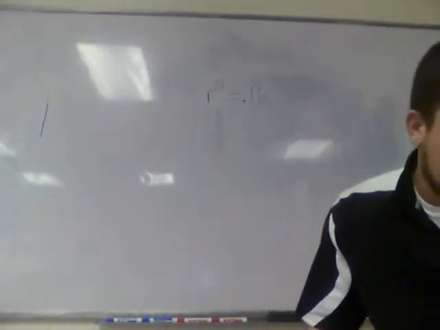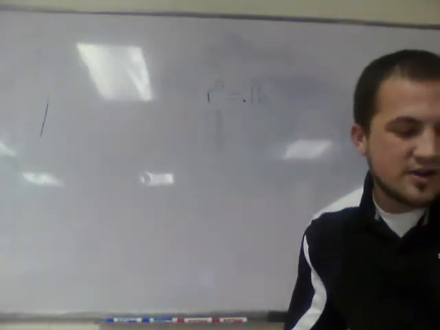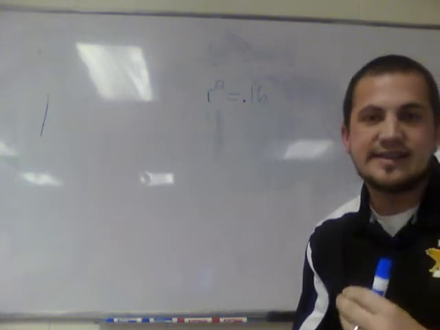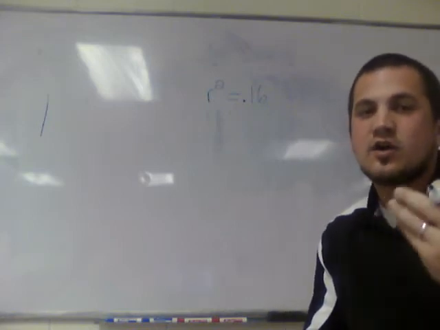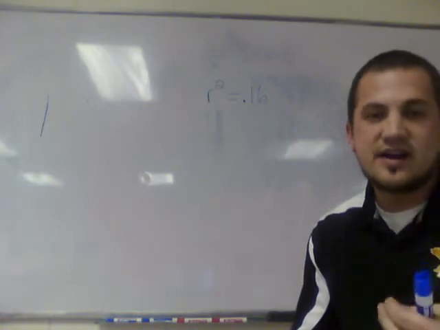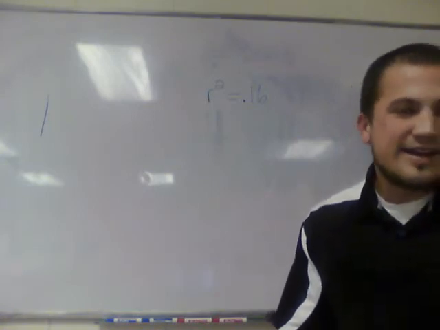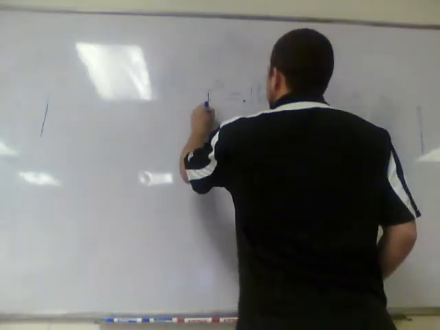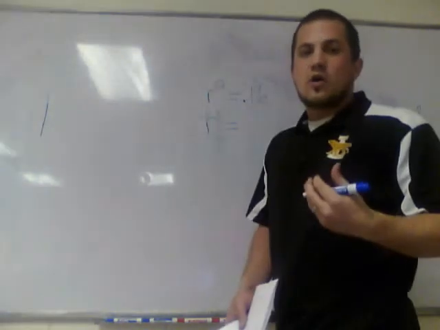Now, what is the numerical value of the correlation between percent of classes attended and grade index? R squared is the percent explained by the variation, okay? Now, correlation is your R. So how do you get your R if you have R squared?